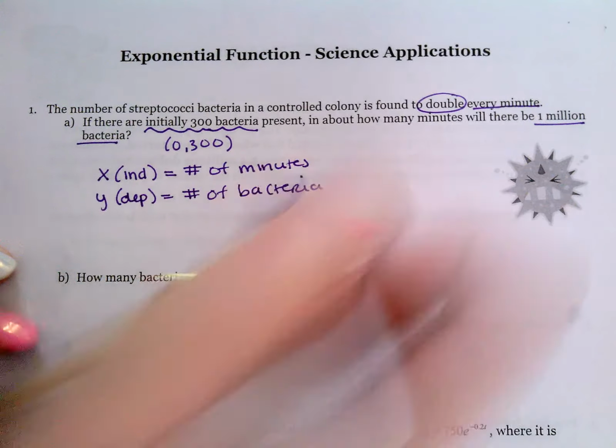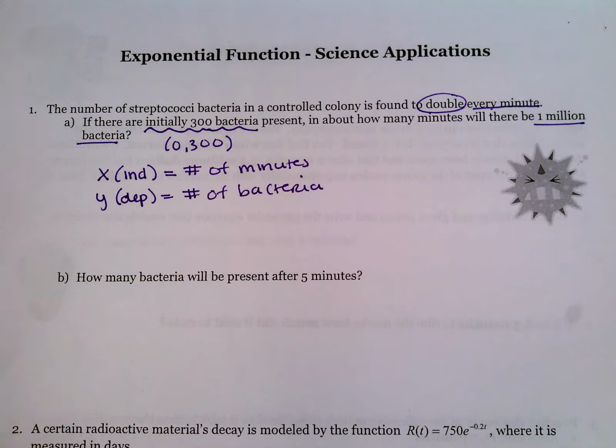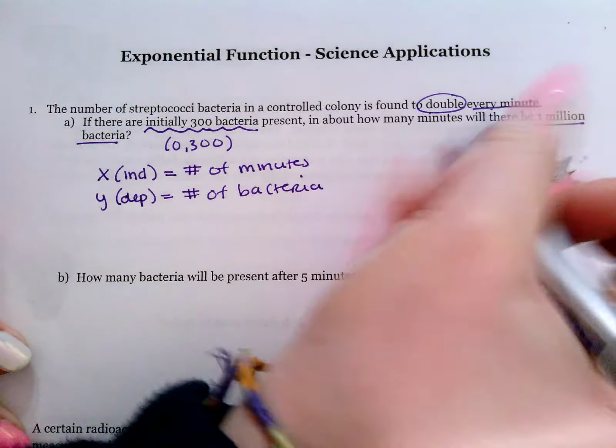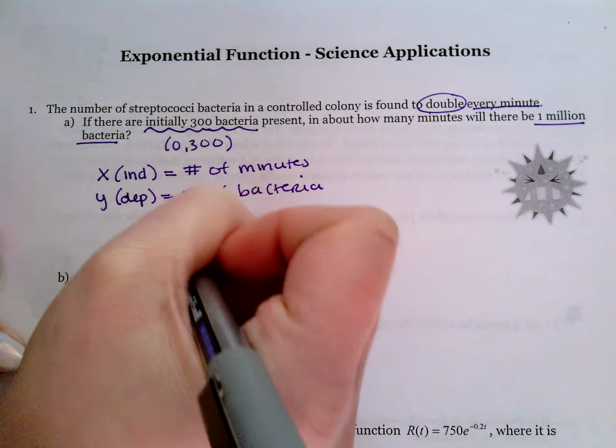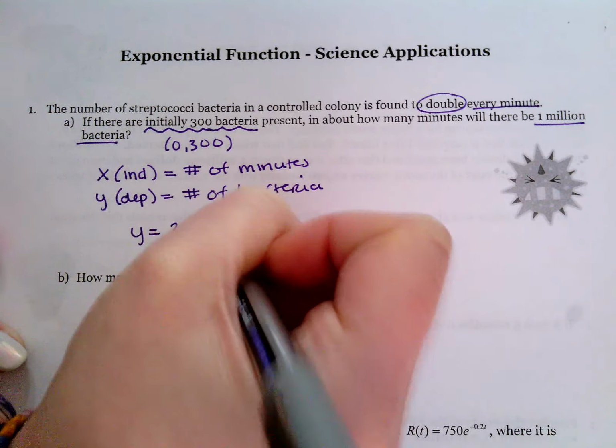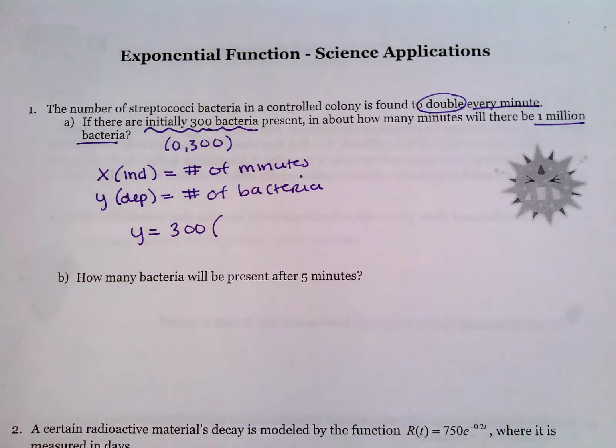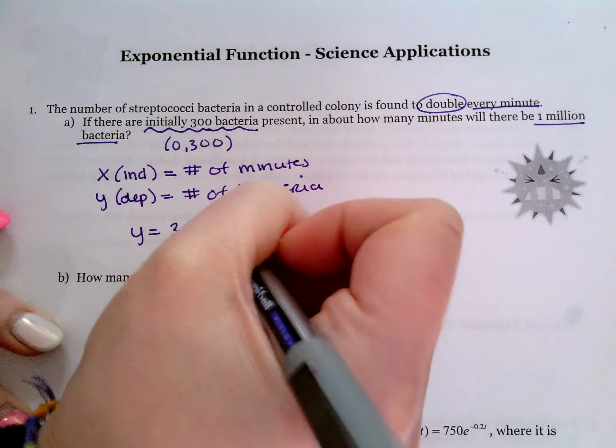So we actually have the equation: y equals your starting value, 300, times your growth rate, double, so times 2 to the power of x.